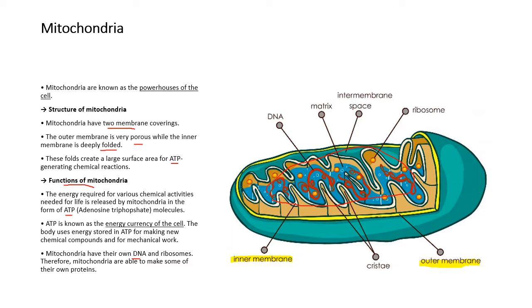So what is the function of this ATP? Inside this mitochondria many chemical activities are happening. The body uses the energy stored in the ATP for making new chemical compounds and for mechanical work. So this ATP is known as the energy currency of the cell.